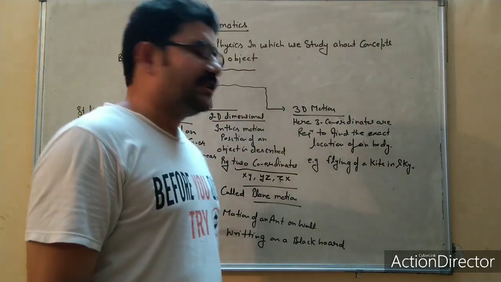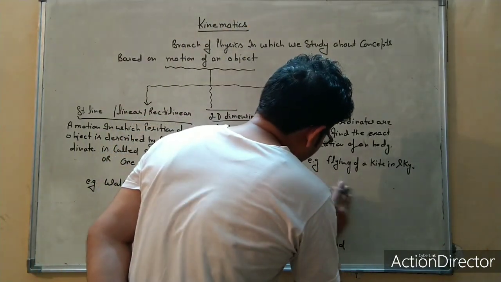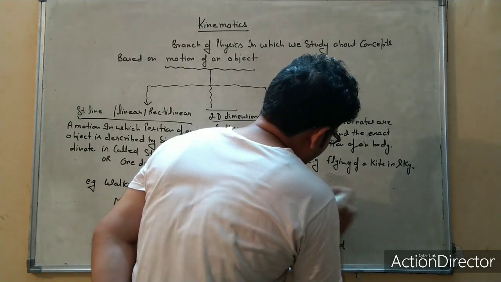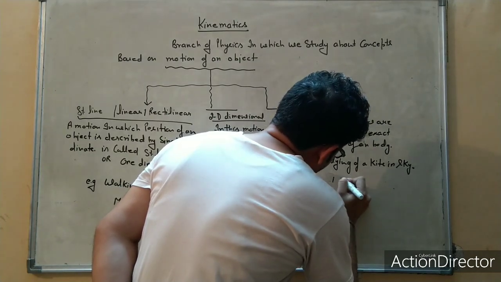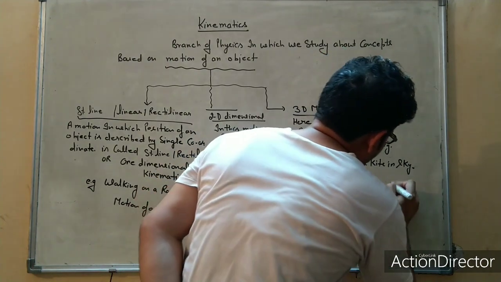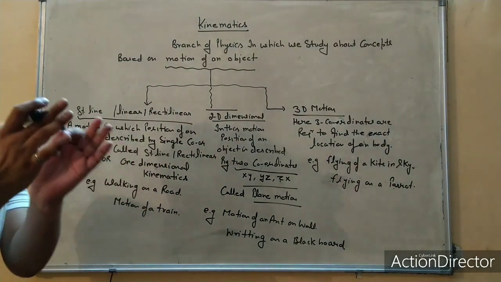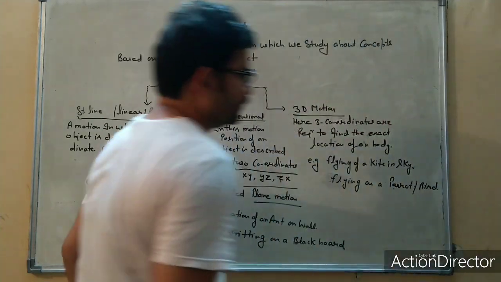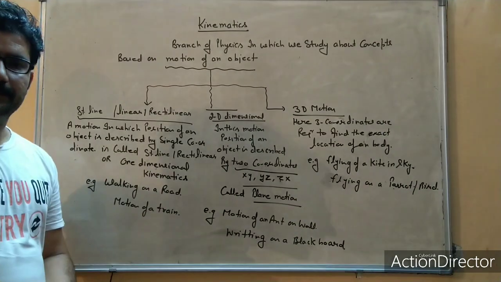So it is the first example, flying of a kite in the sky. Second, flying of a parrot or birds. किसी पक्षी का उड़ना भी एक एग्जांपल है थ्री डायमेंशनल मोशन की.